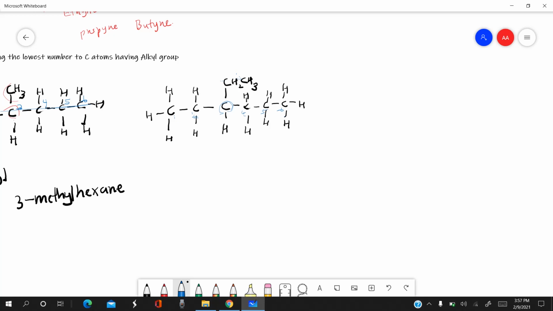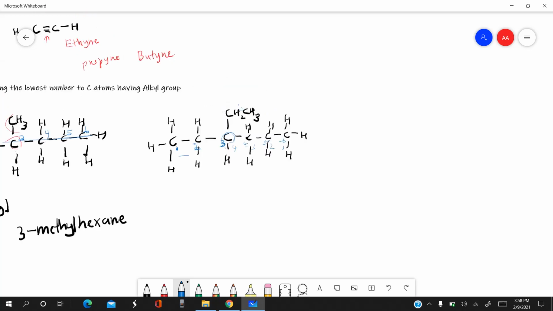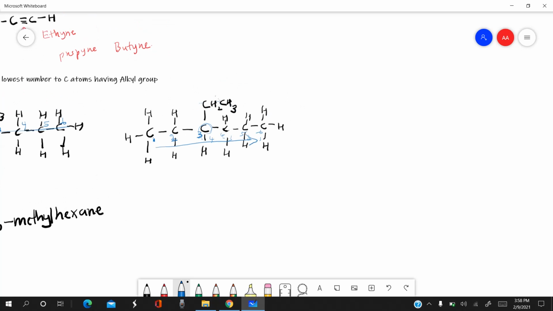It gets 1, 2, 3 when we go from the left side, and 1, 2, 3, 4 when we number from right to left. So the correct order is from left to right because the lowest number is 3. So this way we number, and here also 3.